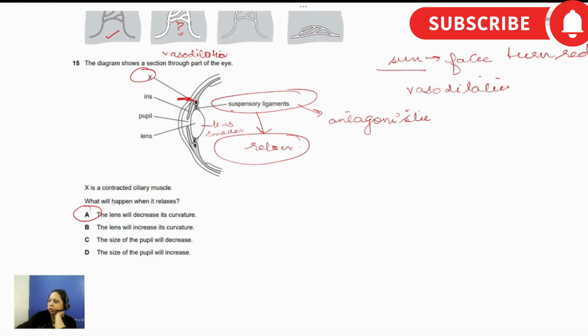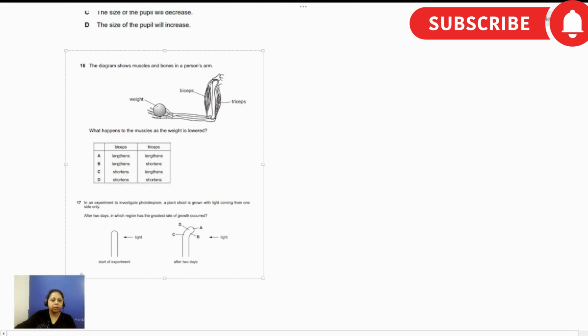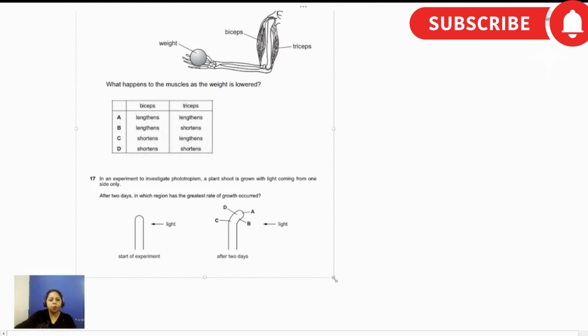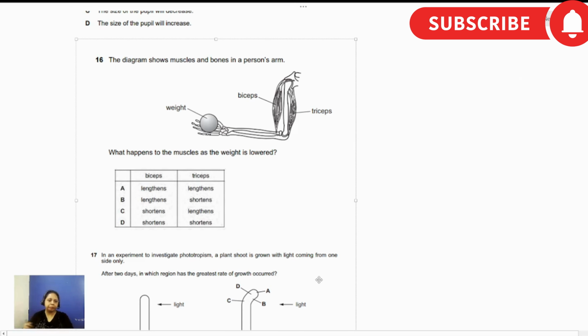Let's move to the next one. The diagram shows muscles and bones in a person's arm. What happened to the muscle as the weight is lowered? You are holding up something really heavy and now that weight is reduced.